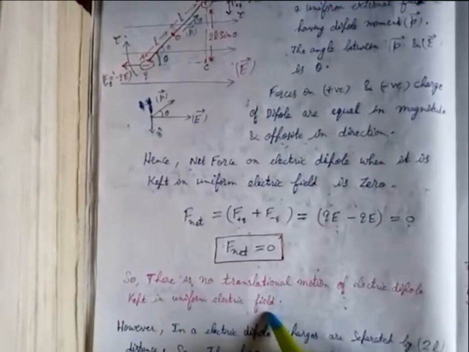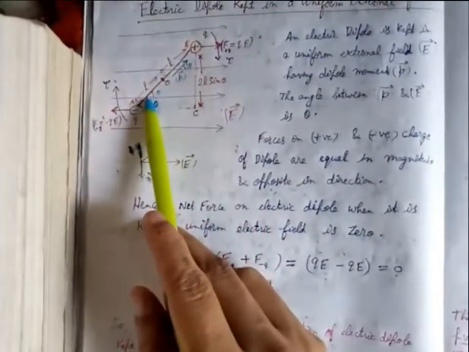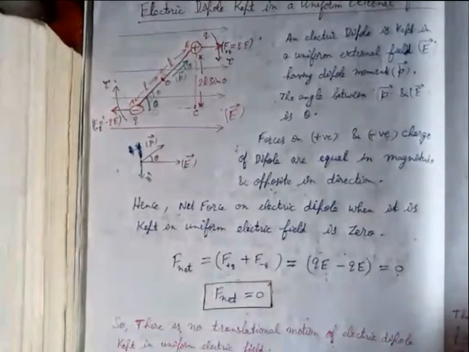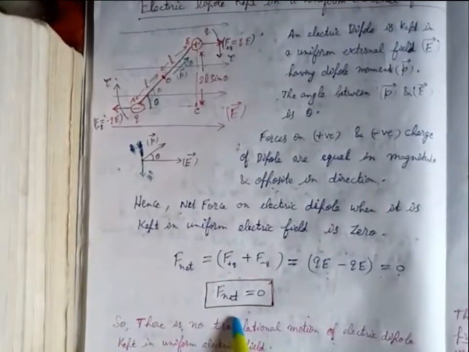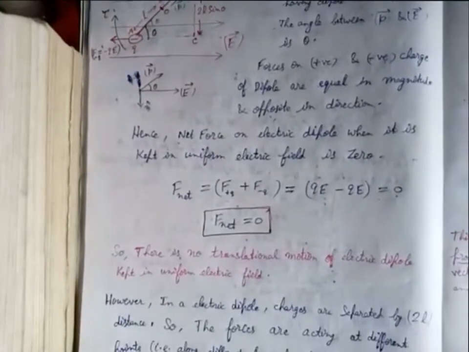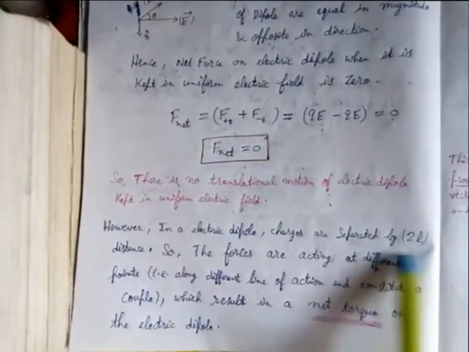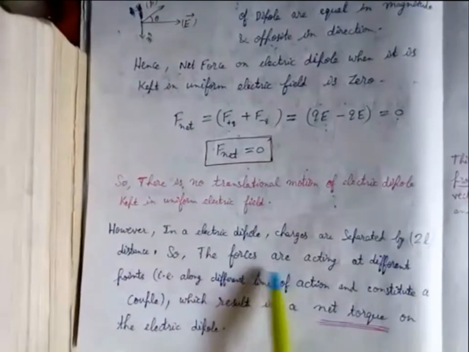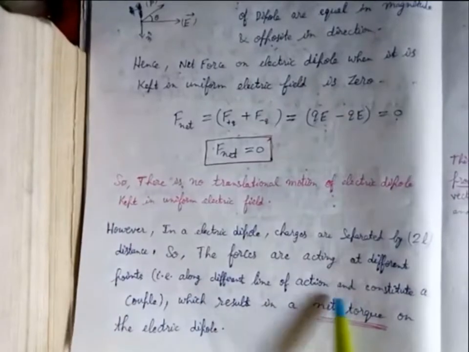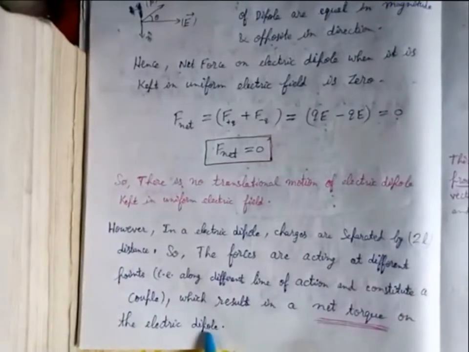It means the dipole will not undergo linear motion because the net force will be 0, but a net torque will be present because in the electric dipole the charges are separated by 2L distance. So the forces act at different points along different lines of action, and they constitute a couple which results in a net torque on the electric dipole.